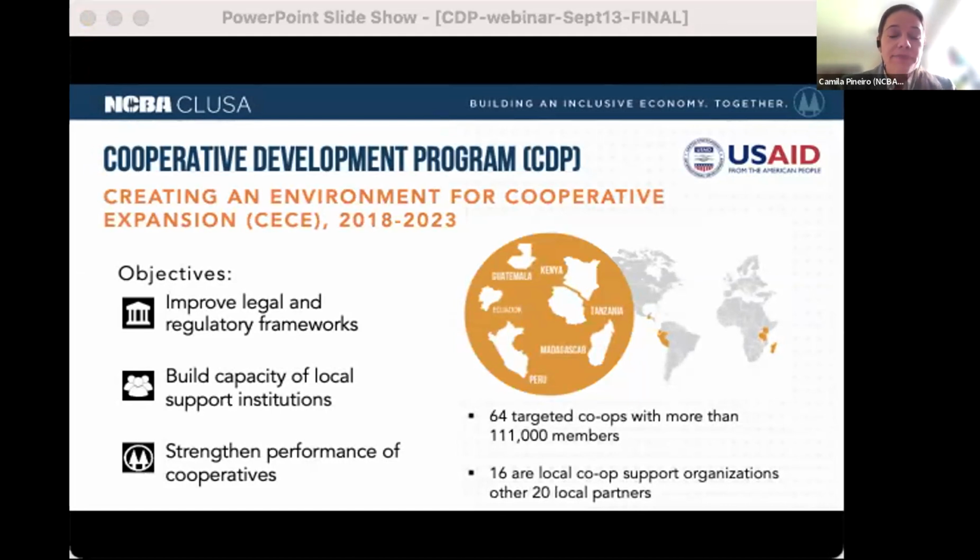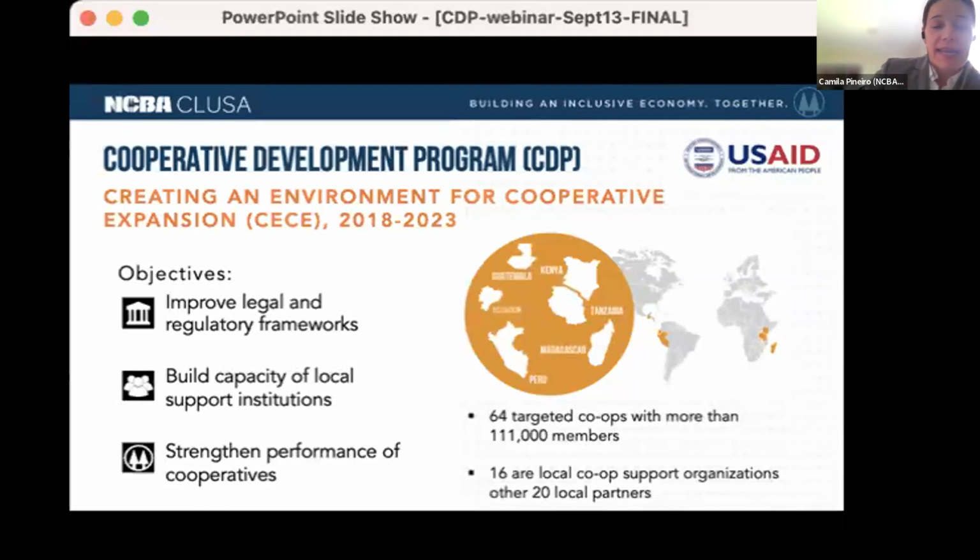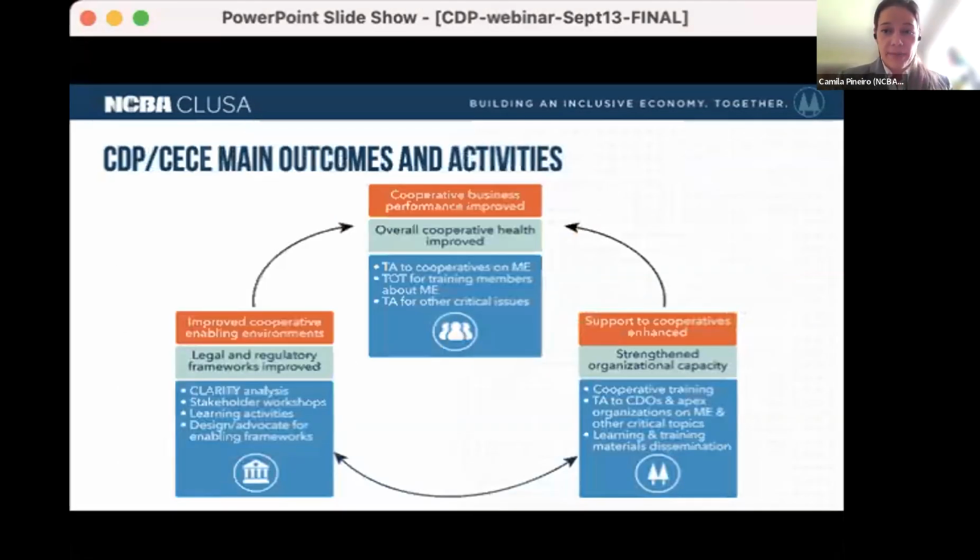As you can see, the idea of this project was that by working on the enabling environment and strengthening the local support organizations, which can also be referred to as the ecosystem, we were also contributing to sustainable results for the cooperatives. The goal was to strengthen the overall health of these cooperatives.